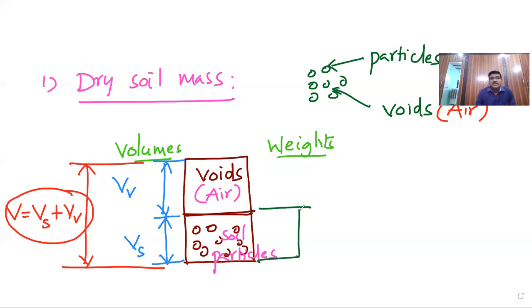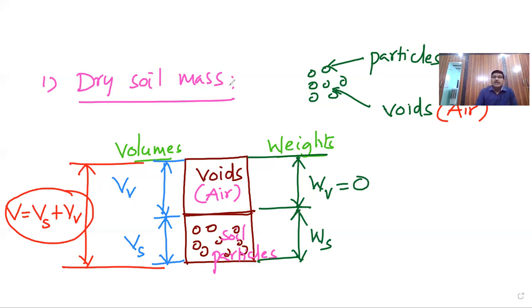Similarly, on the weight side, this is the weight of soil particles, and this is the weight of voids. And remember always, in the voids we have air. Air has negligible weight. It may occupy space, it may have volume, but its weight is negligible. In soil mechanics, we take the weight of voids as negligible, hence it is zero. This is an assumption in soil mechanics.